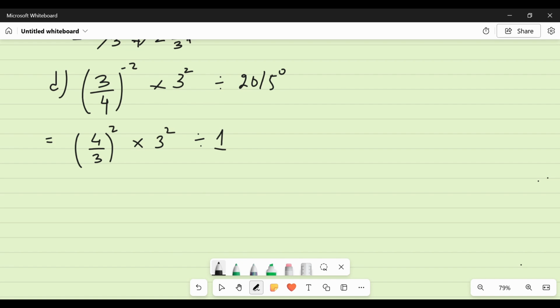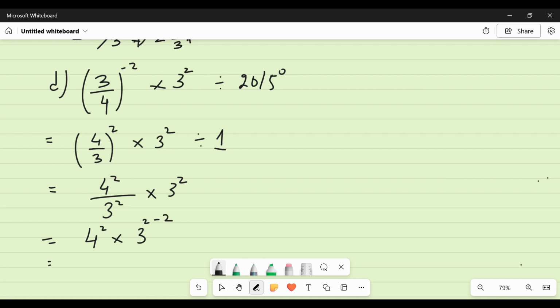Okay. Now open it. 4 to the power square over 3 to the power square, times 3 to the power square. Now, students, as we know, there's a 3 to the power square here, and in the numerator we have 3 to the power square, so the indices law says we will take it on the numerator side, so it will be 2 minus 2, right?